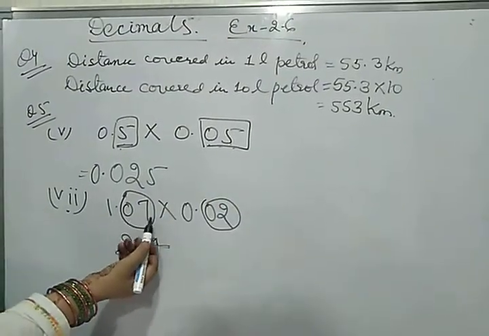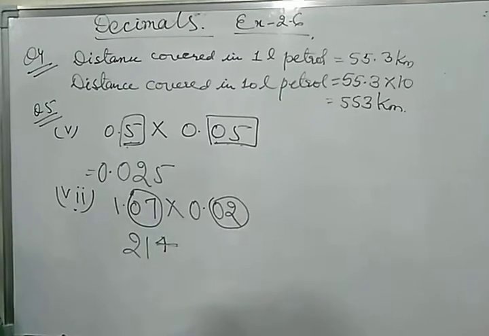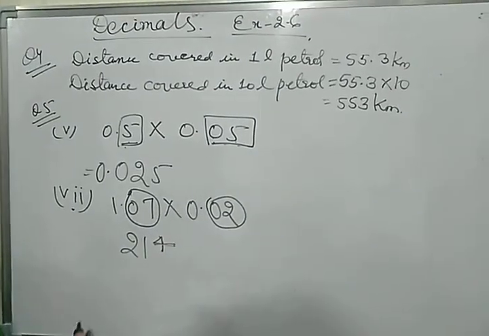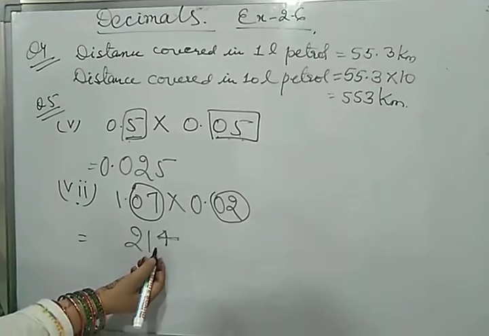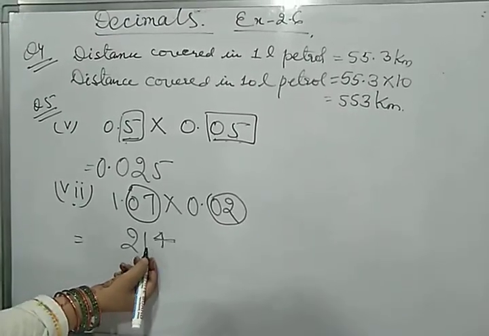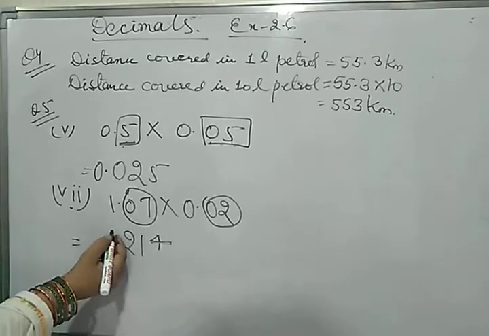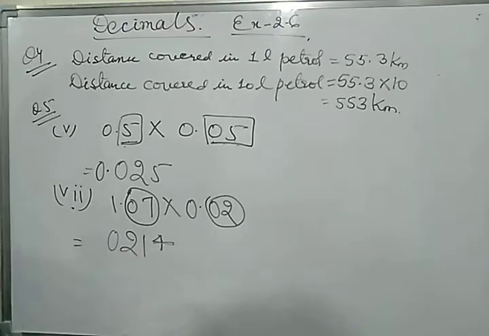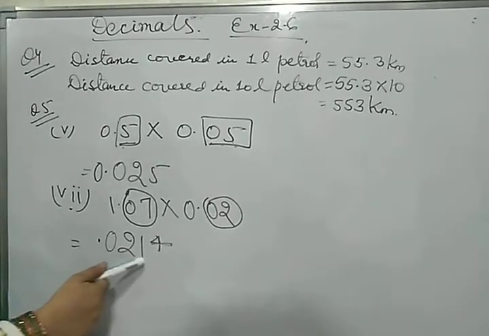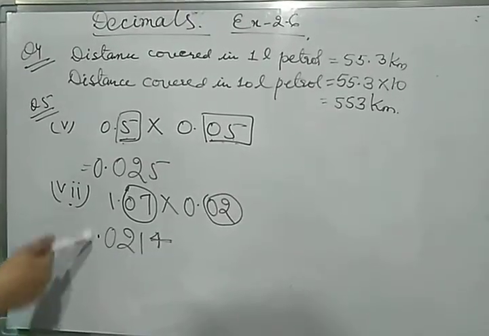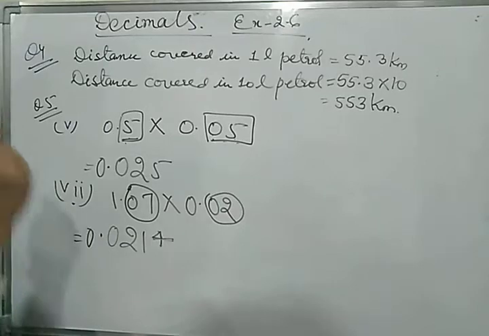So 1, 2, 3, 4. 4 digits are there after decimal in the question. So in the answer, before 4 digits we have to place the decimal. For that we will count the digits 1, 2, 3 and place 1 zero here. Then you put the decimal, because before 4 digits we have to put the decimal.